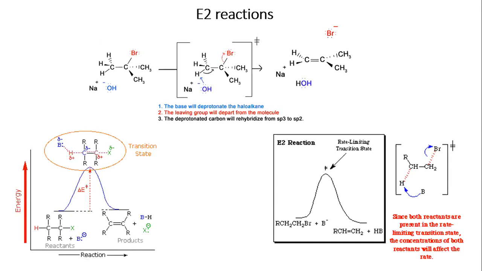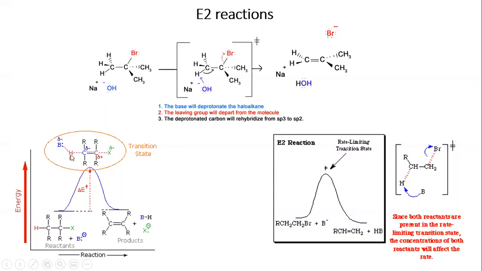So with E2 mechanisms, remember there's no reaction intermediate, it all happens at once. When you take a strong base and react it with an alkyl halide, the carbon-halide bond starts to elongate while the base starts to react with the hydrogen on the adjacent carbon.